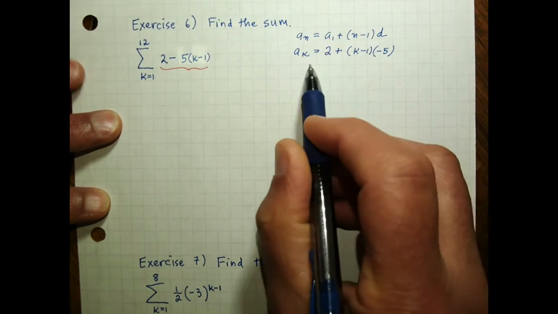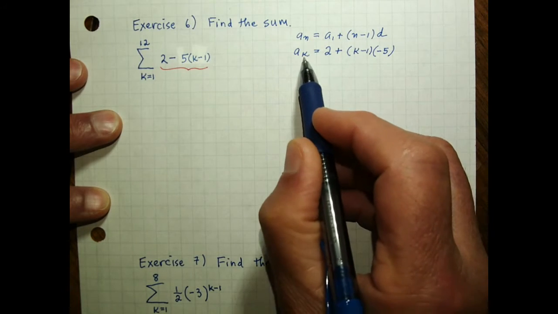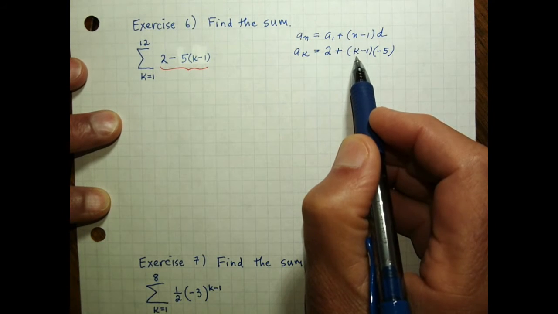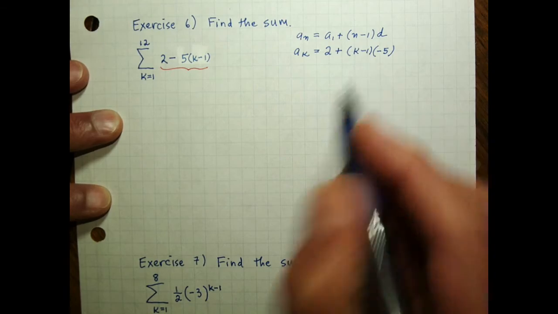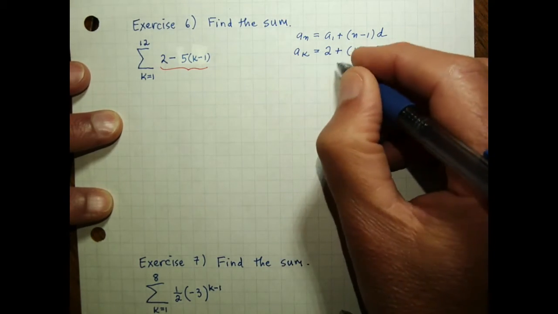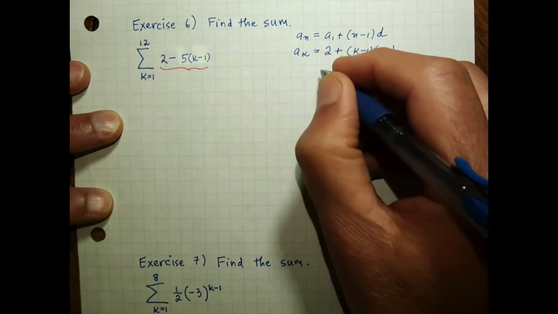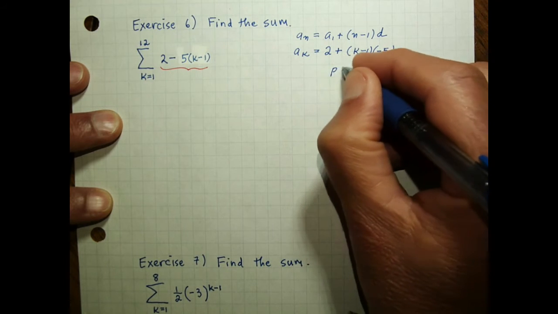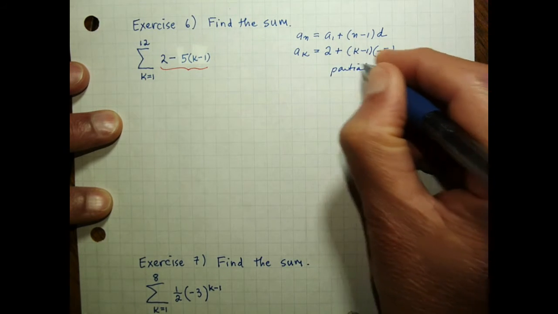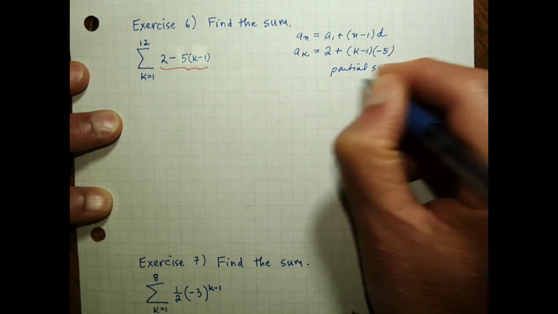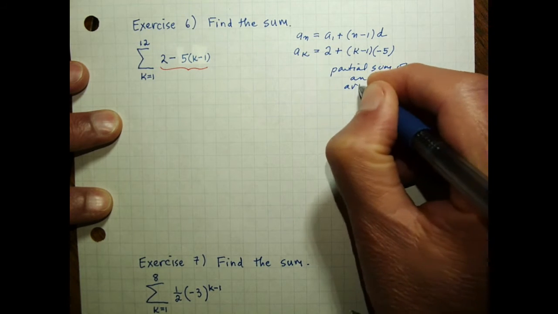There's no reason you got to use an n, or you could use another variable for your index like k. We're finding a partial sum of an arithmetic sequence.